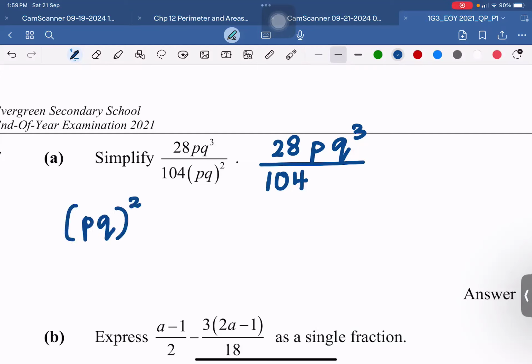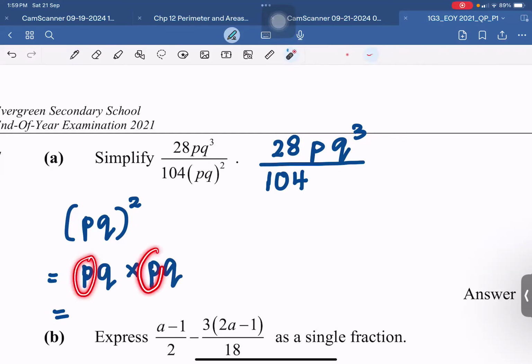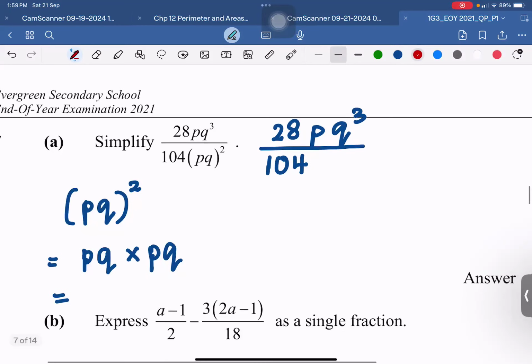What is pq holding square? It means take pq, repeat, and we multiply pq. Anyone tell me what happens now? What is the p now? p becomes how many? We have p times p. What does it become? p what?